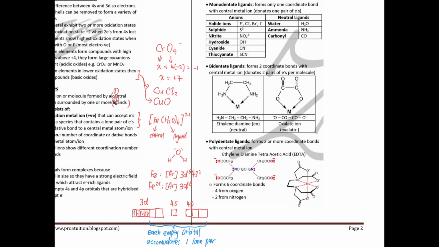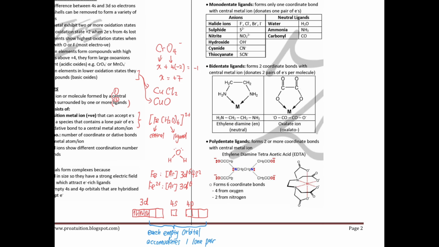All these are monodentate ligands, which means they use one lone pair to form one coordinate bond. They may have more than one lone pair, but they only use one lone pair and form one dative bond. Okay, that is monodentate.